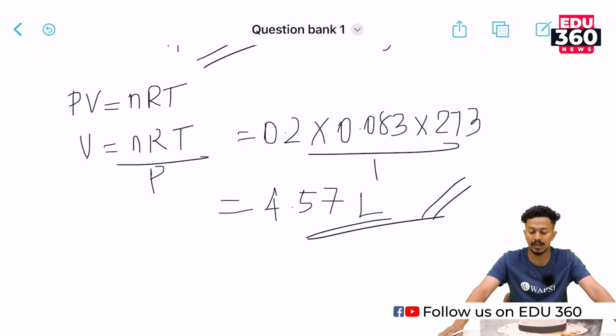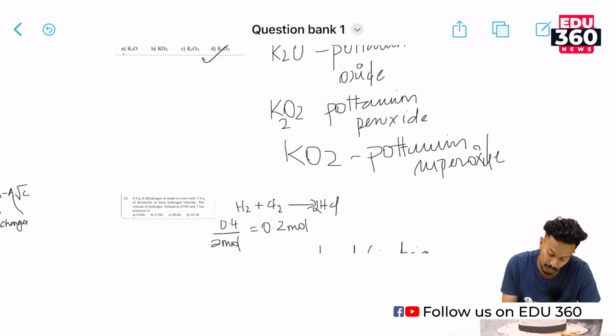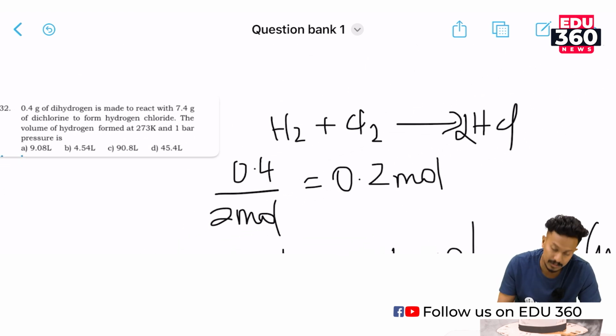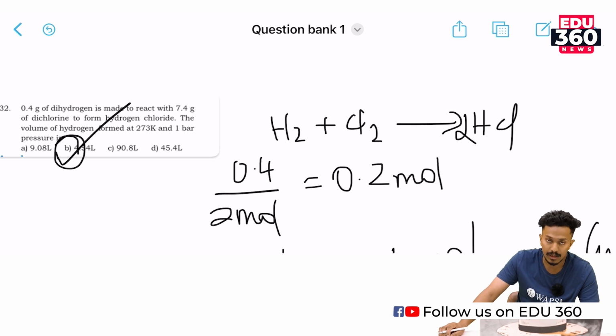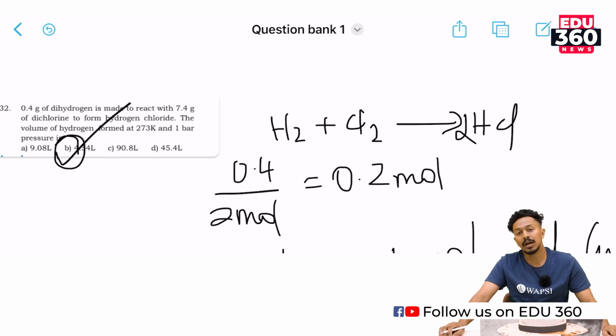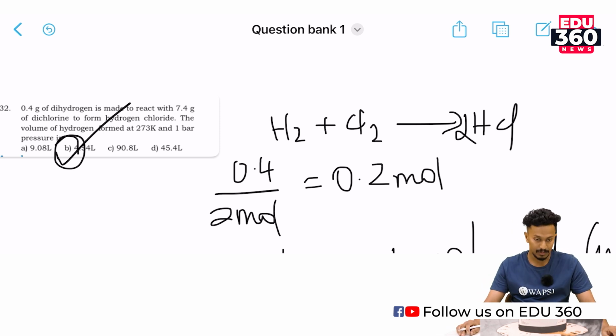I have calculated this and found it to be about 4.54 liter. The correct option would be, approximately, option number B, 4.54. So 4.5 liter of HCl is formed at 273 Kelvin and 1 bar pressure. We have found the answer.